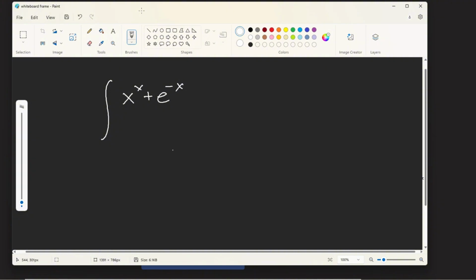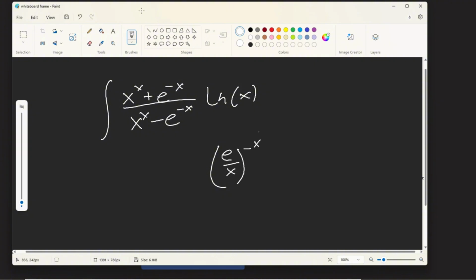No, I don't have it. But things like this, where you have ln of x, and then this whole thing is like this or something, right? You let u equal this, and you do the whole u sub.